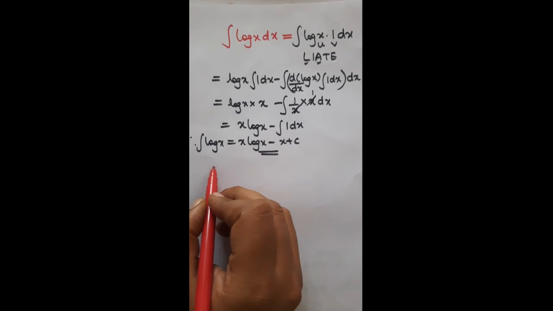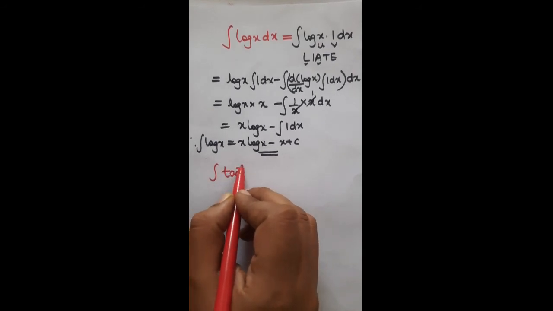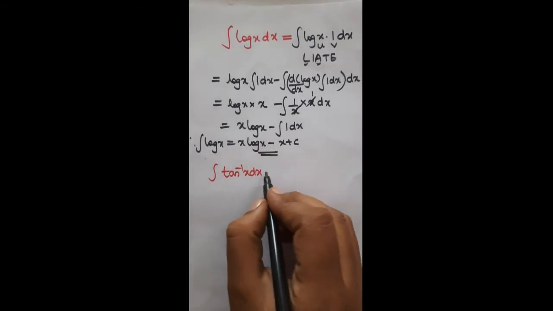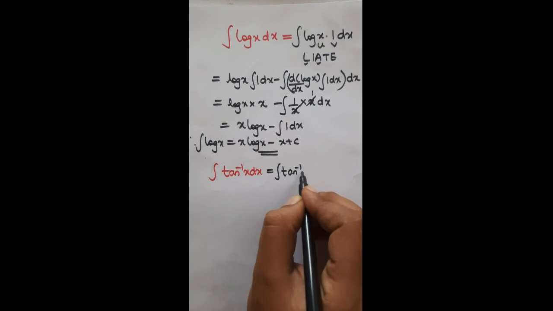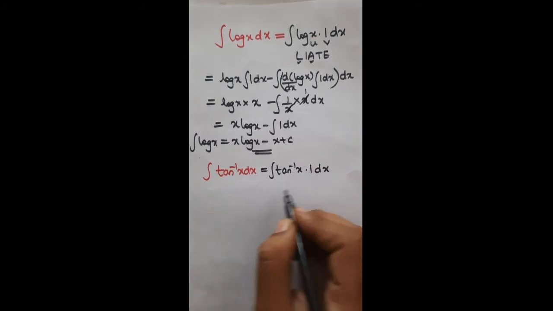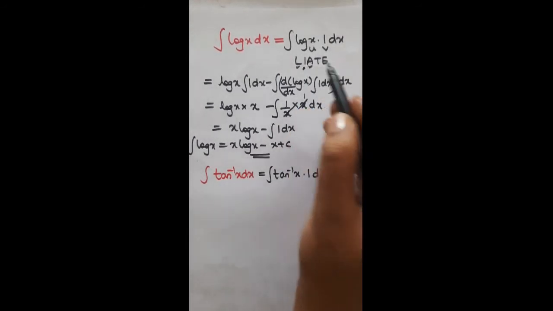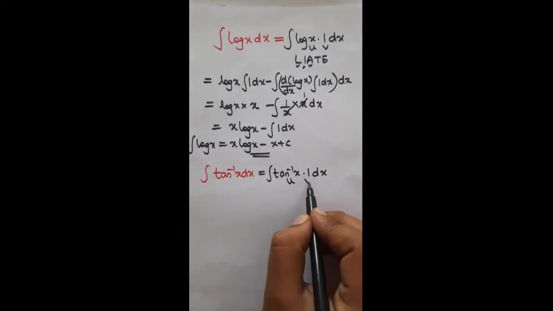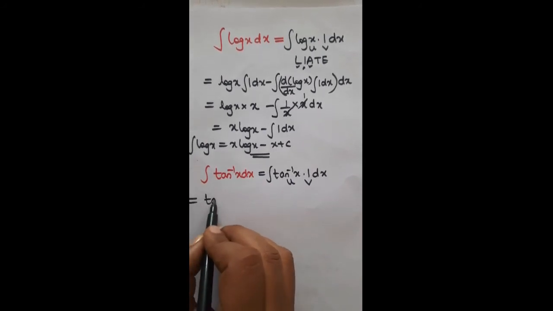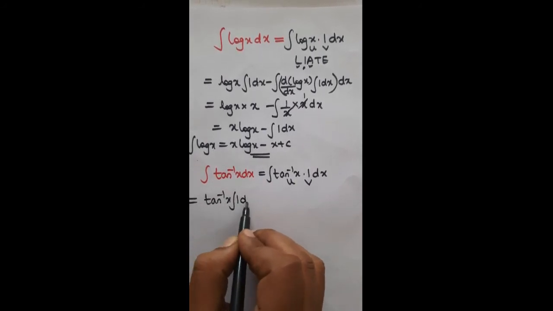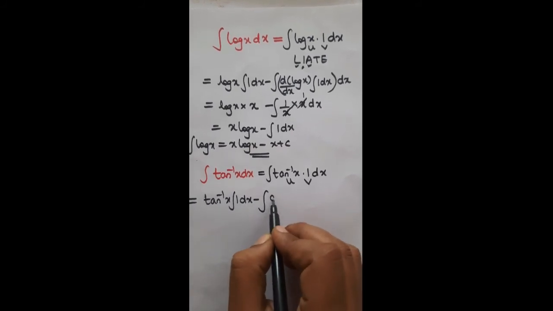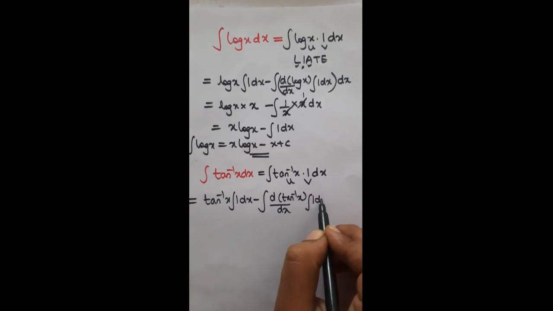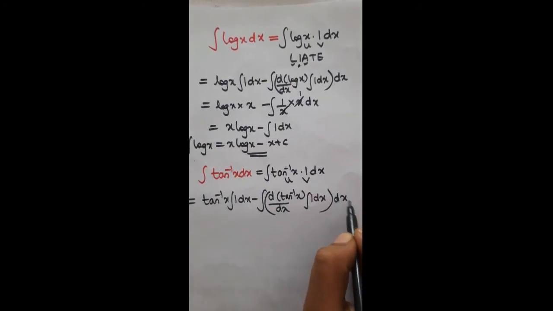Taking another example, suppose we have to integrate tan inverse x. Here again only one function, but I can write this as the product of two functions, which is tan inverse x into 1 dx. In the word LIATE, inverse trigonometric function is given preference over algebraic function. So consider this u and this v. Keep the first function as it is, integrate the second minus integration derivative of the first function into integration of the second function and their products integration.